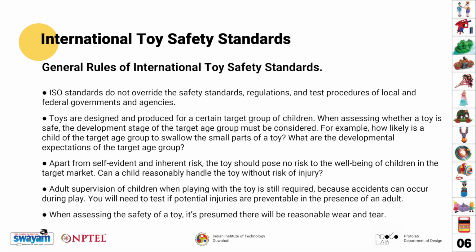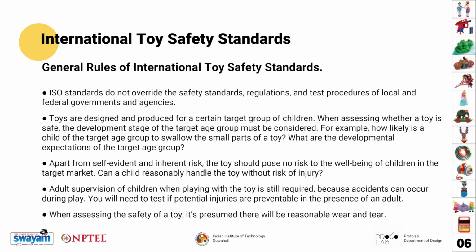3. Apart from self-evident and inherent risk, the toy should pose no risk to the well-being of children in the target market. The important question to ask is, can a child responsibly handle the toy without risk of injury? 4.